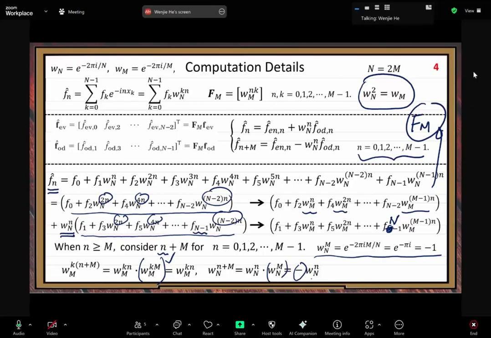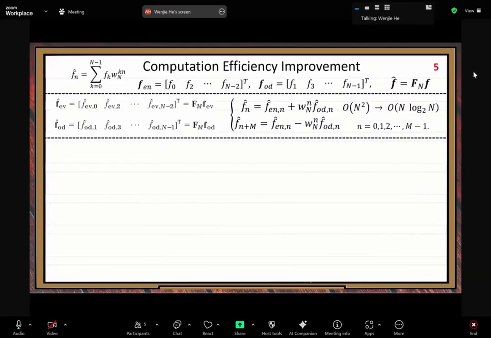Let's just change the sign. So when we calculate the two intermediate vectors, for the second half, we only change sign. The first half, we add. The second half, we only need to change the sign.